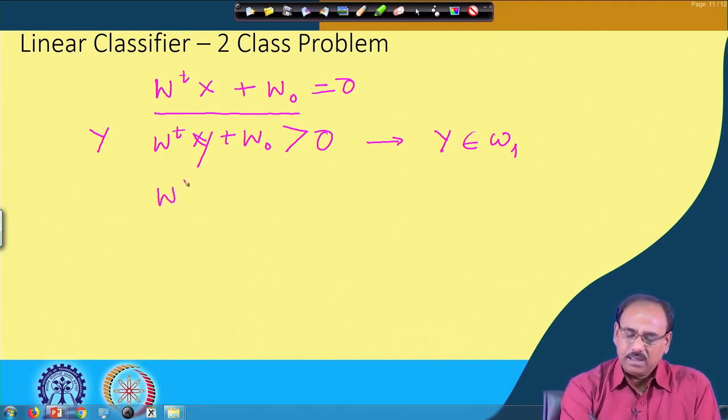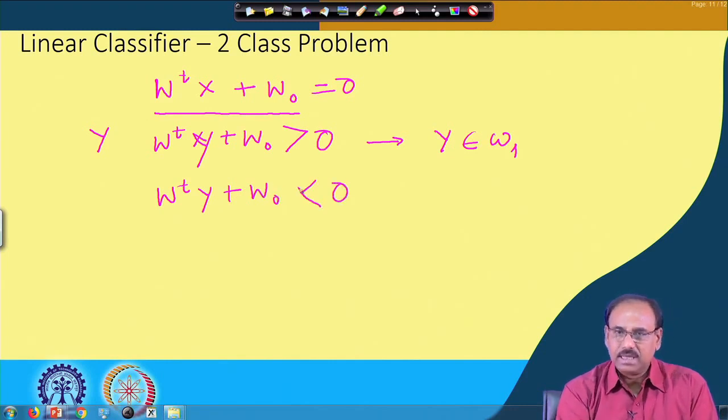Whereas, if w transpose y plus w naught is less than 0, then our decision will be that y should belong to class omega 2.